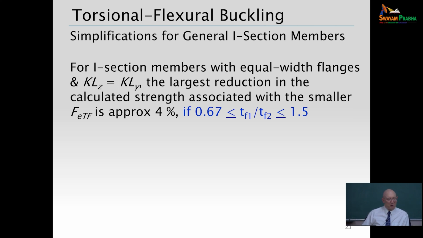If your ratio of the flange thickness is between 2/3 and 3/2, then your torsional flexural buckling stress, FETF, will not be smaller than about 4% less than just FEY. So okay, just calculate it by FEY.